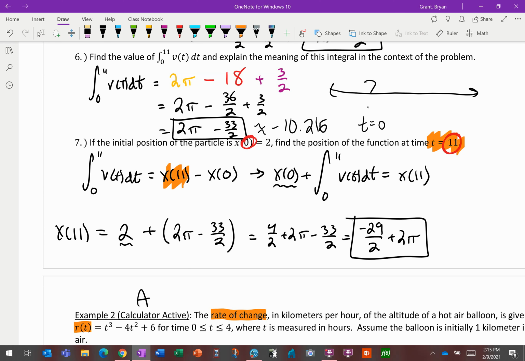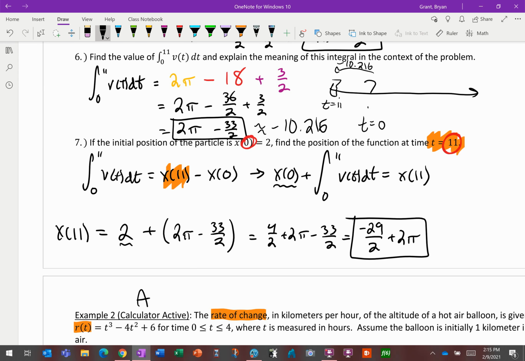But what I do know is that I am displaced by 10.216 units because it's negative, to the left of where I started. So here I am at a time of 0. By the end, when I've stopped paying attention, I am at a time of 11 over here. Don't know where I am, but I definitely know I'm negative 10.216 units to the left of where I started.